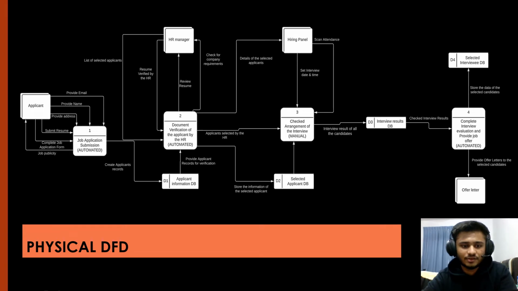Next is the physical DFD diagram that we created for our planning and the system that we want to suggest and create. Here in the physical DFD, we have four particular individual tasks that the interviewees have to go through, and it's a fully automated process except part three, the checked arrangement of the interviewee, because it cannot be done in an automated way, otherwise forgery or malpractice would occur.